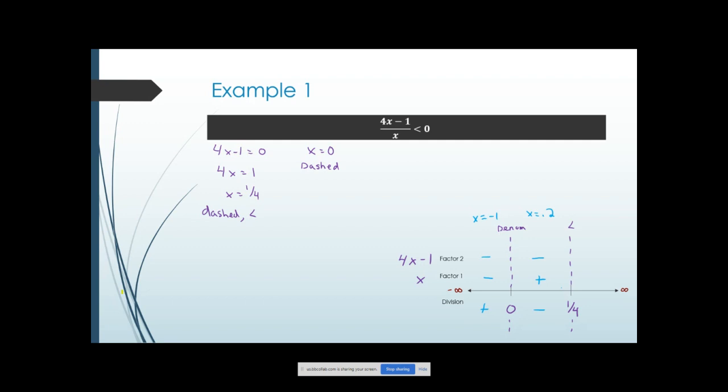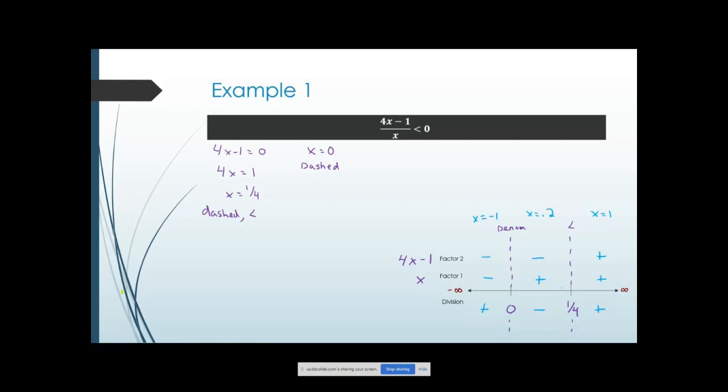And now I want a number bigger than 1/4, and I always prefer whole numbers. So let's say we pick 1. 1 is larger than 1/4. And if I plug 1 in for x, 4 times 1 is 4, and 4 minus 1 is 3, so that's positive. And then x, well, if x is 1, that's positive. A positive divided by positive is a positive.